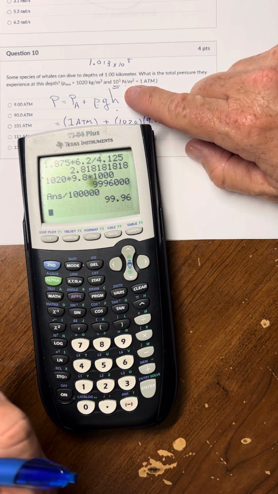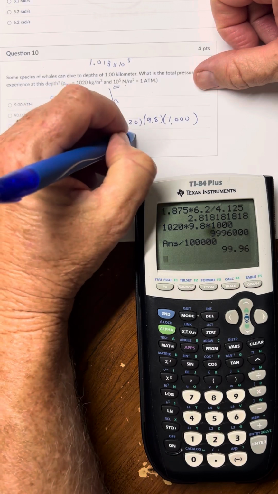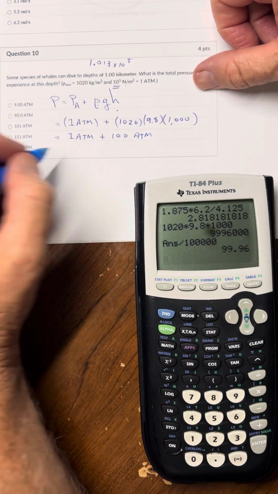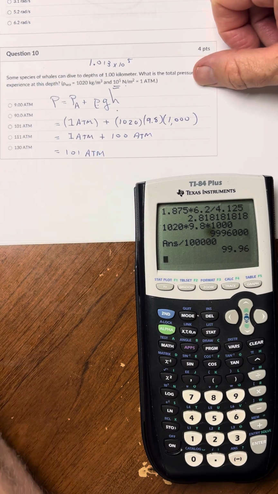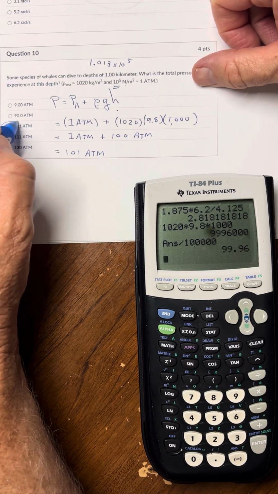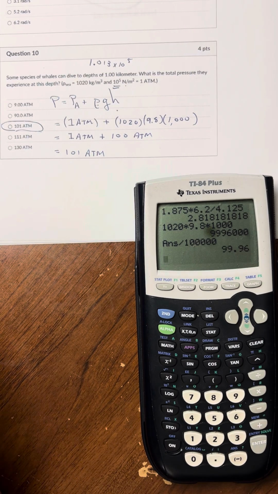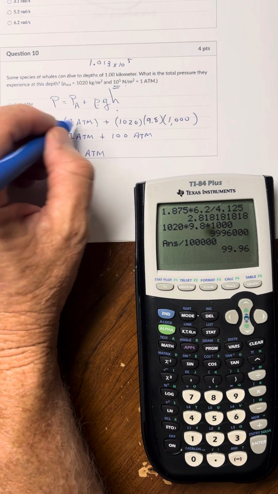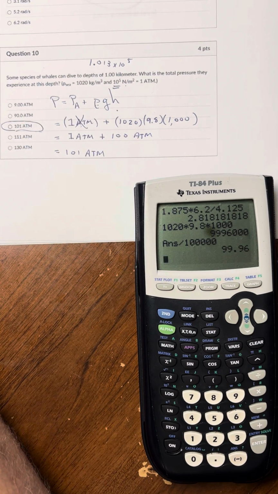And so, yeah, with 3 significant figures, this is 100 atmospheres. And so together, we get 101 atmospheres. So answer C. It would be tempting to drop that, but it'd get you 100. But fortunately, there's no answer that says 100 there.